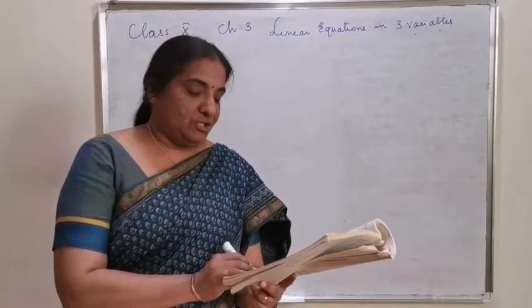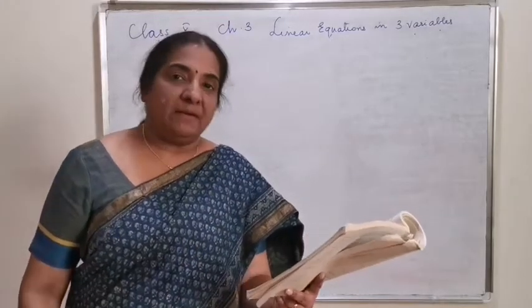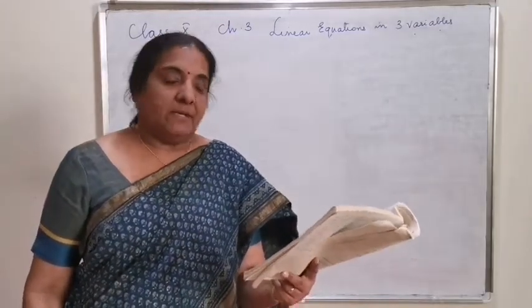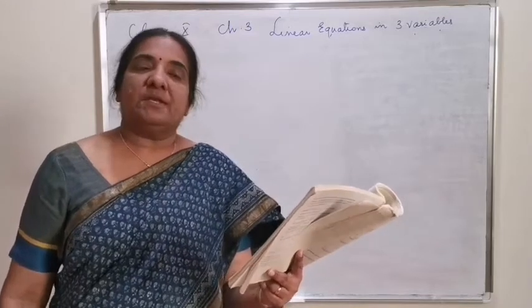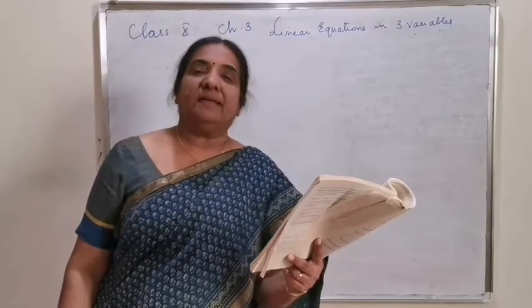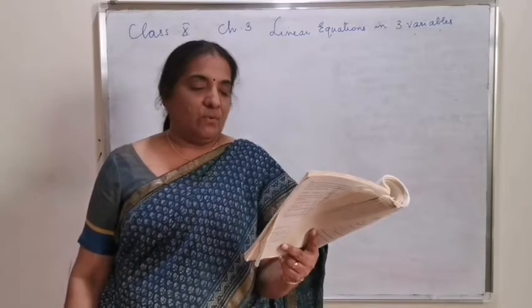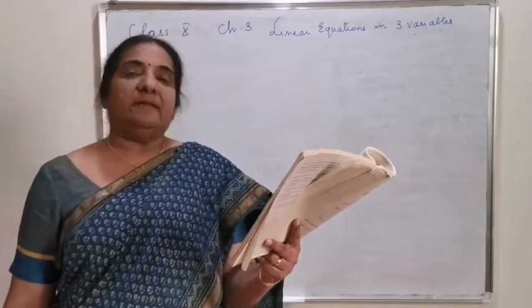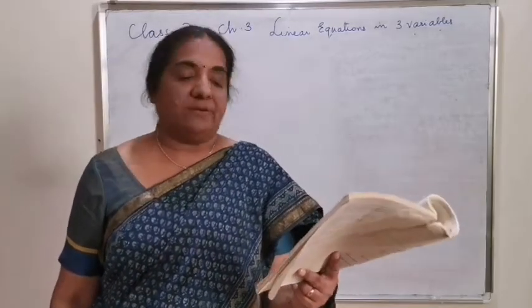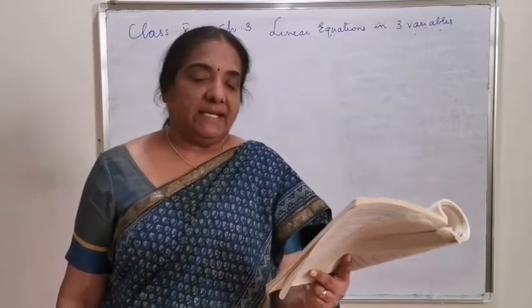Question 2, subdivision 2. 2 women and 5 men can together finish an embroidery work in 4 days, while 3 women and 6 men can complete it in 3 days.